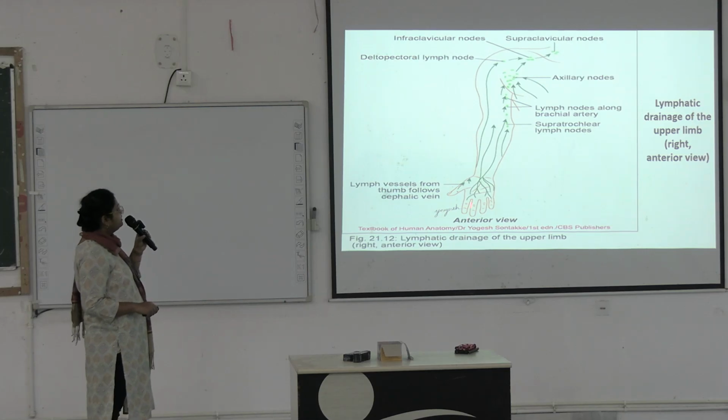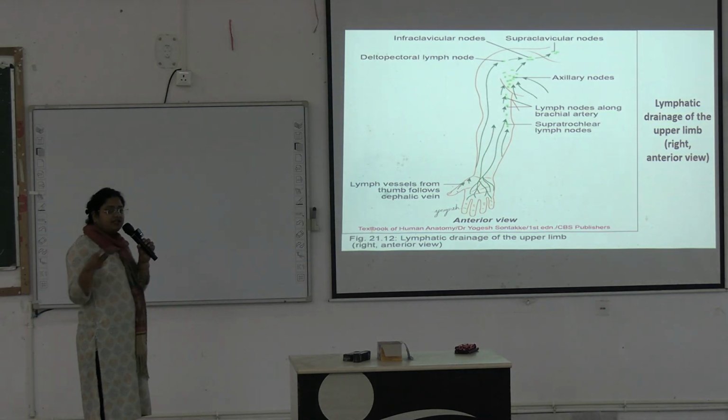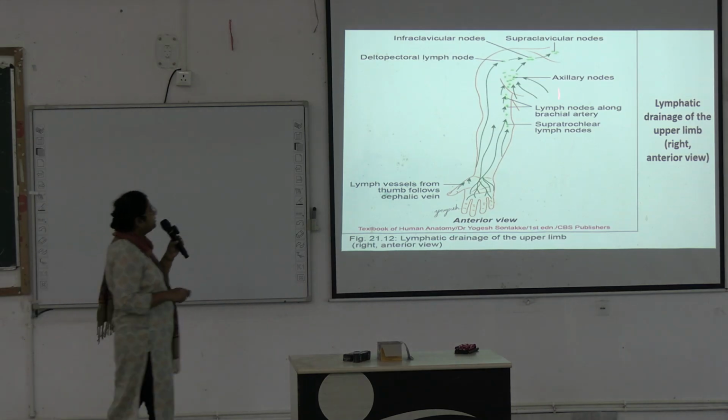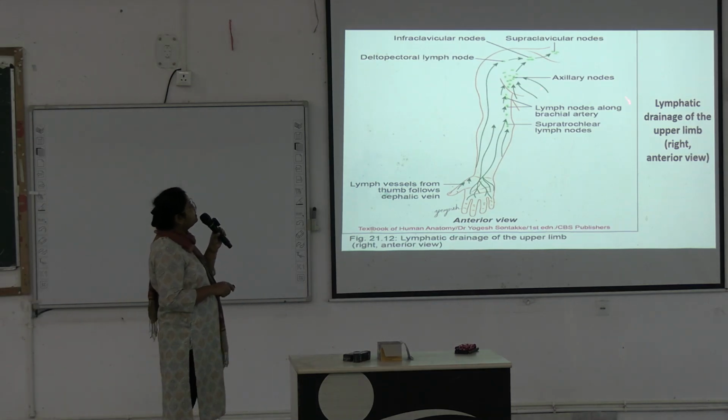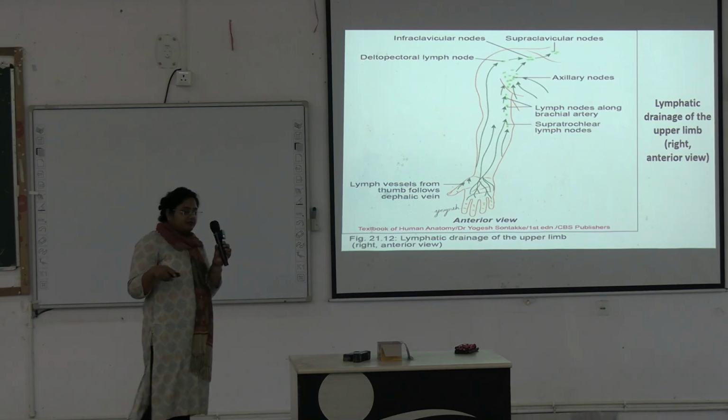From the lateral side, it goes along the cephalic vein and drains into the deltopectoral node, from here into the supraclavicular node, and from here the infraclavicular node, from infra to supraclavicular nodes. And from the medial side, it goes along the veins, entering the supratrochlear lymph nodes lying over the trochlear process of the ulna, then to lymph nodes along the brachial artery, then to the axillary group of nodes.